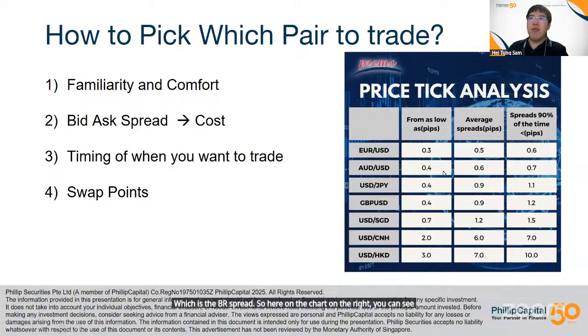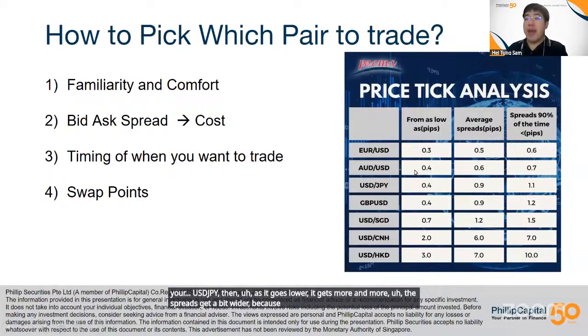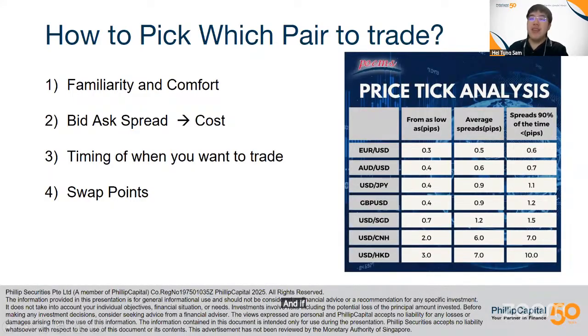On the table on the right, we can see the lowest is obviously at the top, like your Aussie US, Euro US, USD JPY. As it goes lower, the spreads get wider, because first it's an exotic pair, and if it doesn't go through USD, generally the spreads are fatter.